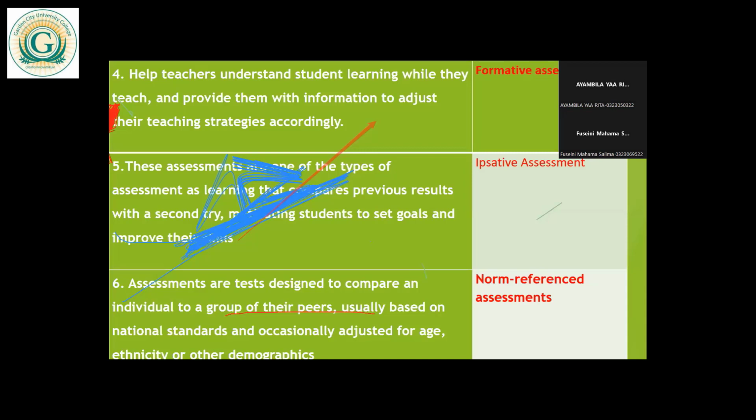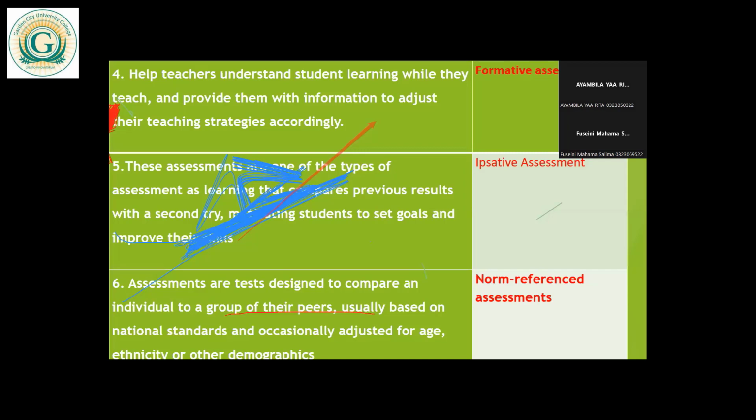So please, let's do the last one, non-reference assessment. With non-reference assessment, you are just comparing individuals, the performance of individuals, one group to another group. Remember, when we're doing the criterion, we're comparing only standards, not the individuals. But in non-reference, we are comparing performance of individuals from one group to the other group.